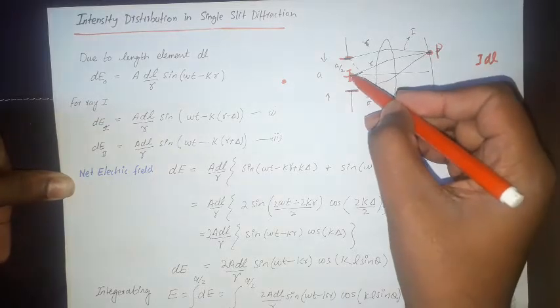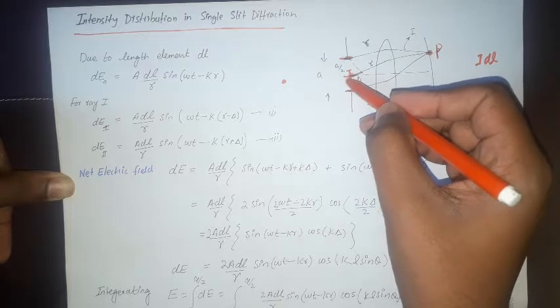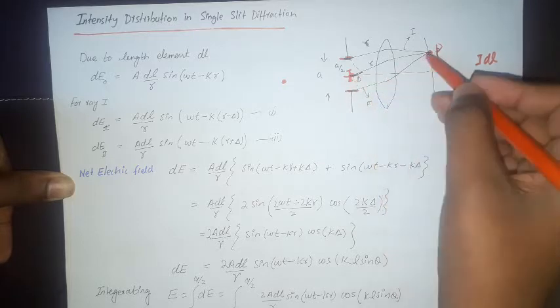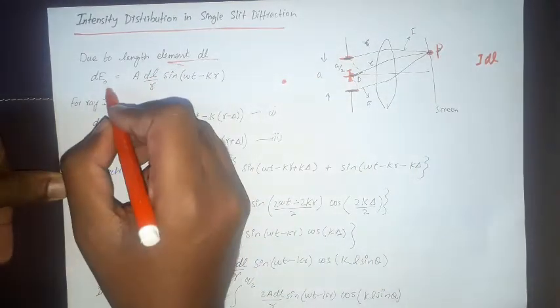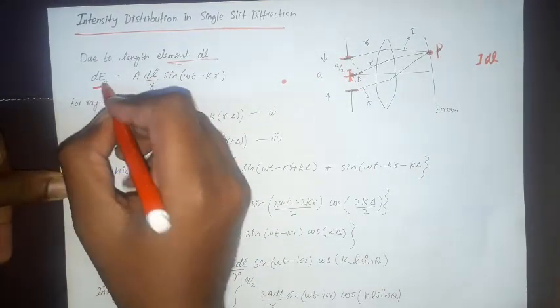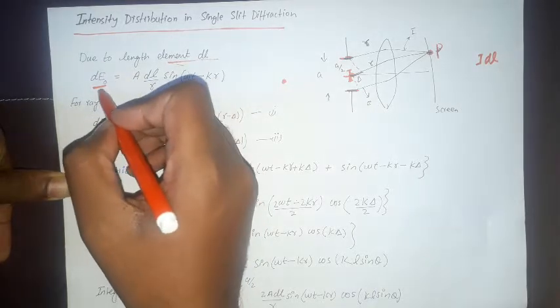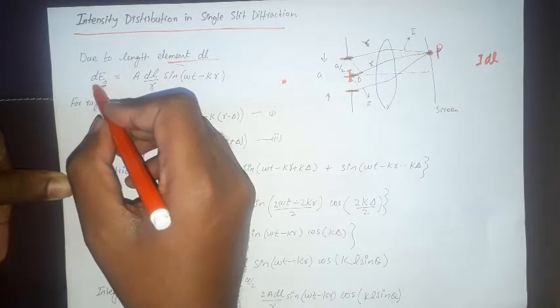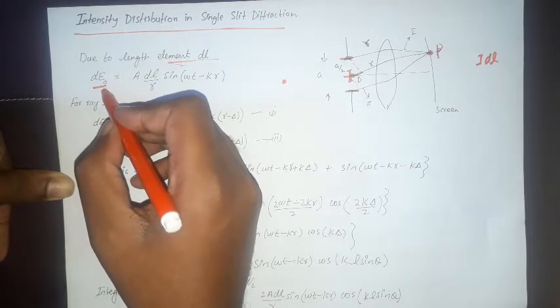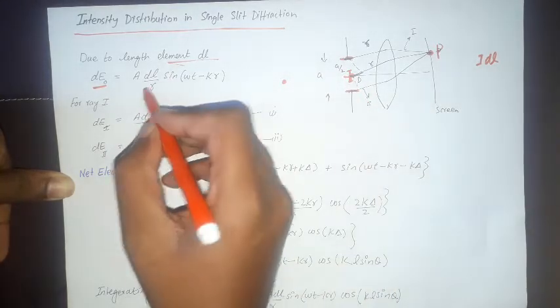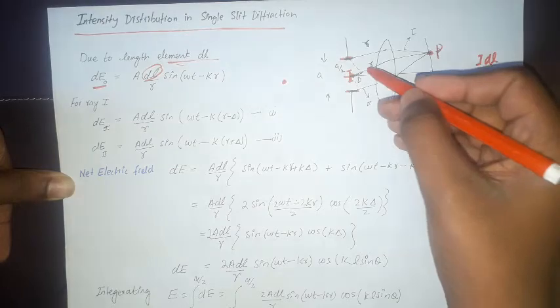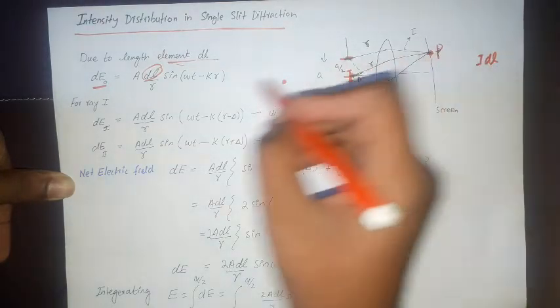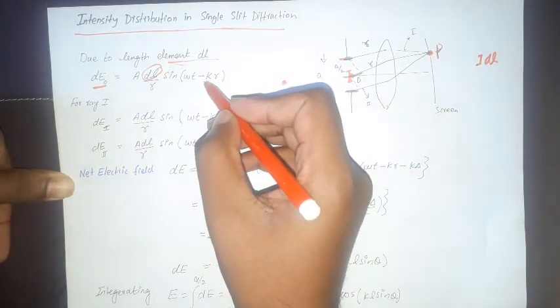For the ray originating from this dl length element and focused at P, because this will have an electric field component, I can write it as dE naught, the electric field component due to this length element dl, divided by r, where r is the distance it travels to reach point P, into sine of omega t minus kr.